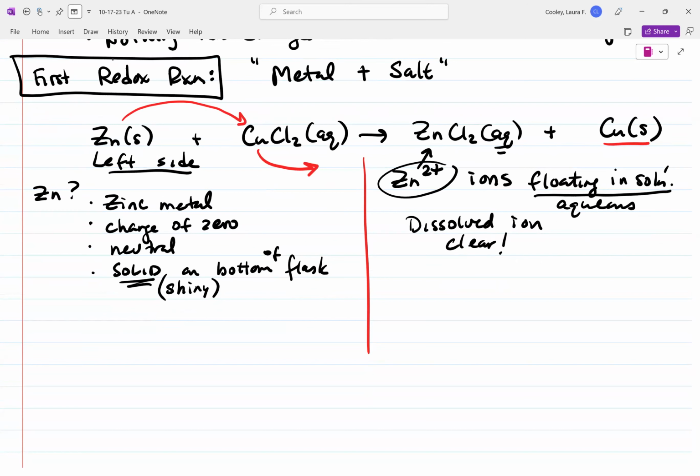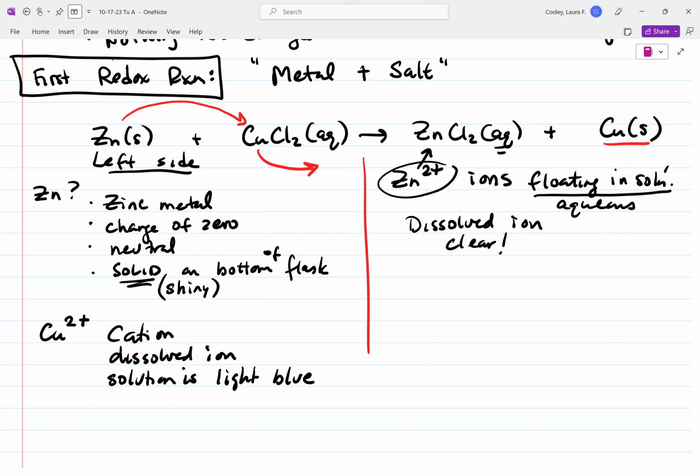Over here again on the left, we had copper, and copper chloride is in the form of copper 2+. This is a cation. It's a dissolved ion. It actually makes the solution blue. Very light blue. Okay, a sort of blue-green.